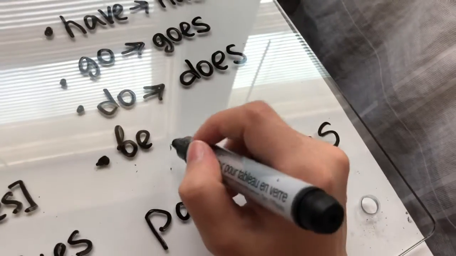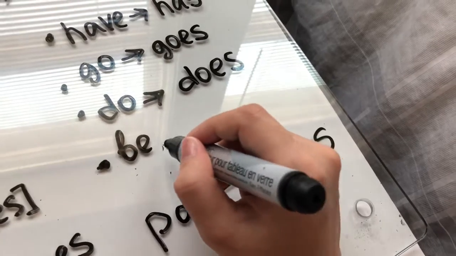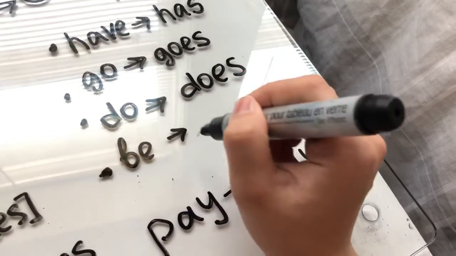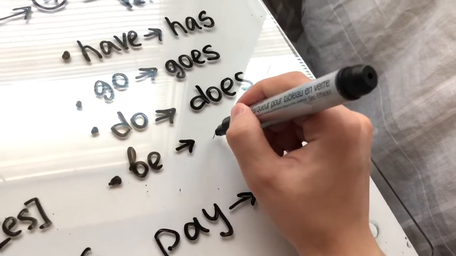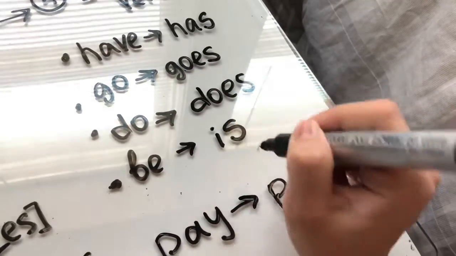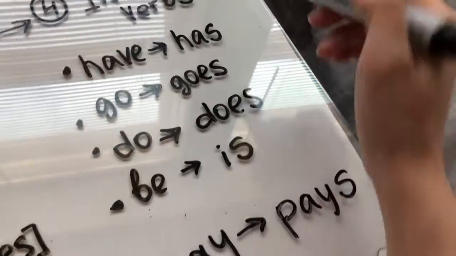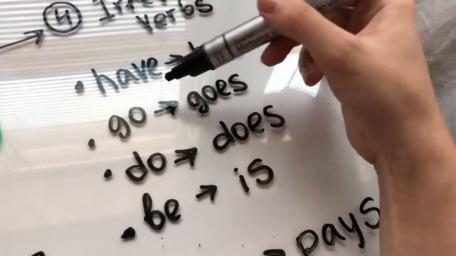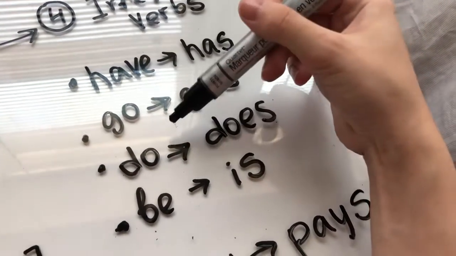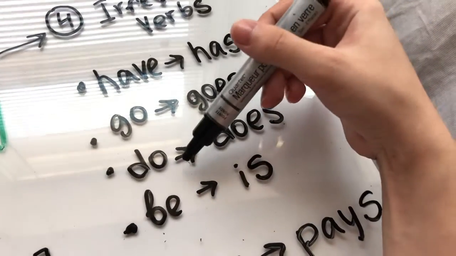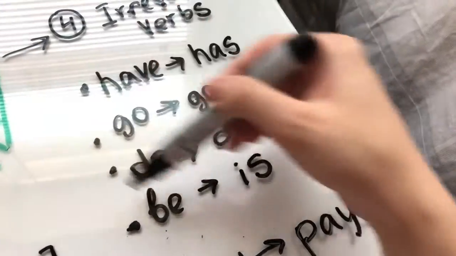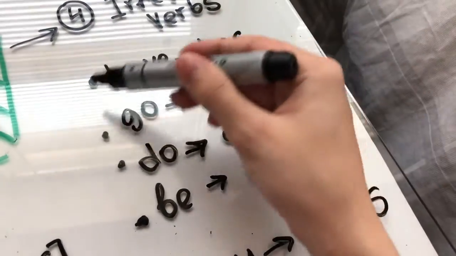The verb to be with pronouns he, she, or it is. Have, has. Go, goes. Do, does. Be, is. Please memorize this.